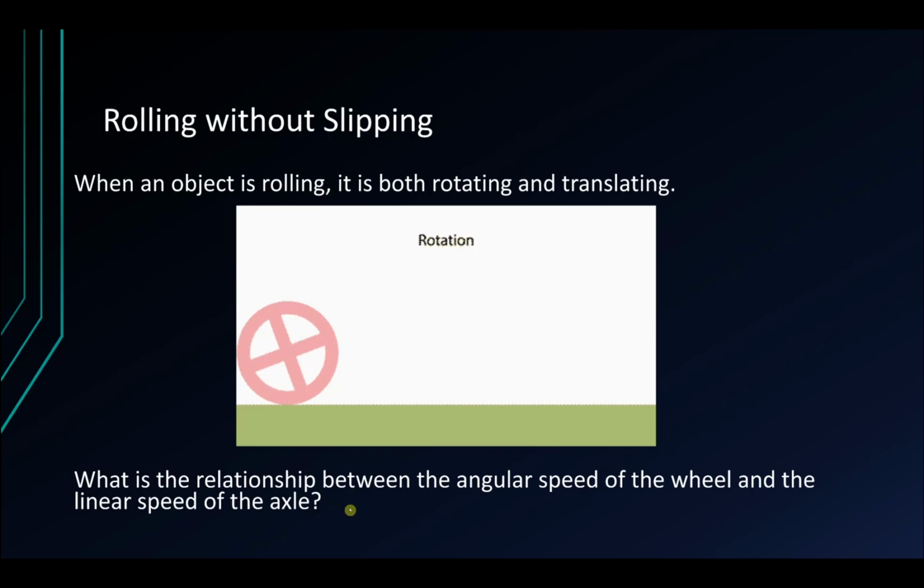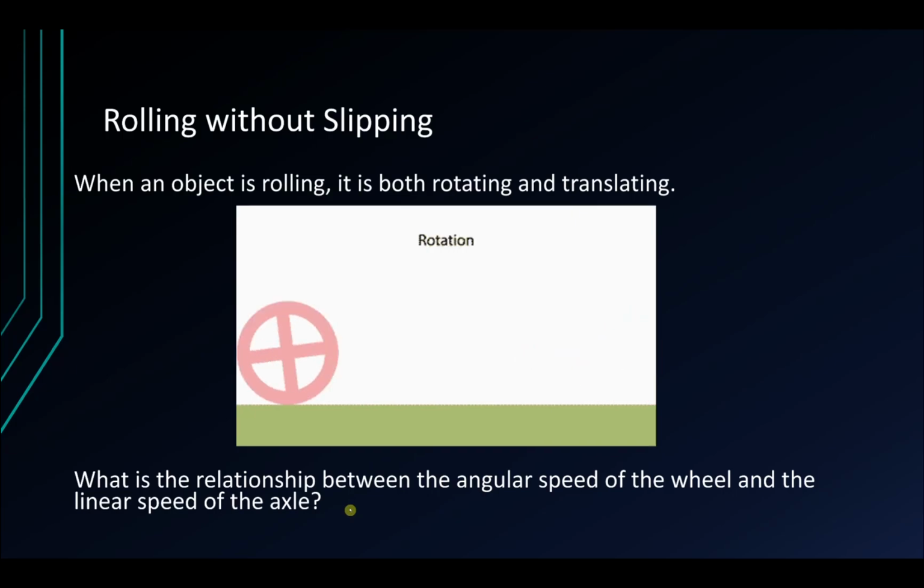So when an object is rolling across a surface, it is not only rotating, but it is also translating. And I think that this little image is a great example of that, right? Whenever we have an object rotating, it is in one spot. When we have an object translating, it is moving from one position to another position. So for rolling, we have both translation and rotation.